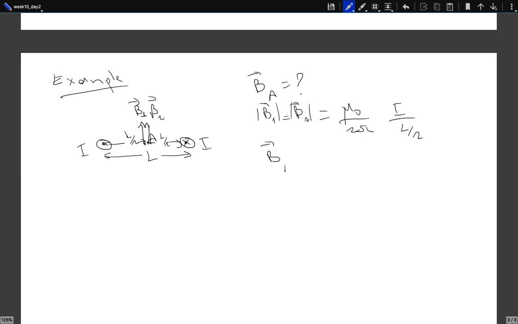So the total magnetic field at the point A will be just B1 plus B2, which is mu0 over 2 pi times 4I over L. Let me also use some axes. This is x, y, so it's in the j hat direction. That's the direction of the magnetic field.